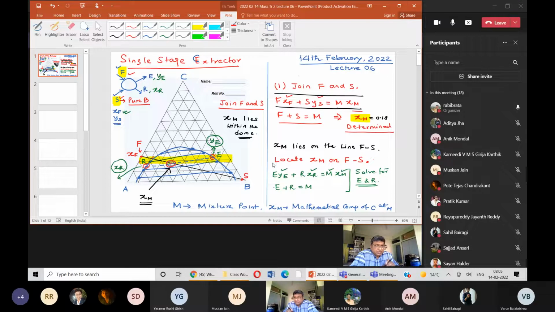In the last class, I showed that for a continuous counter current process, in fact, it's easier for a cross flow system or for a single stage system. You can convert the triangular plot into an XY plot, if you can generate the operating line that we all saw.